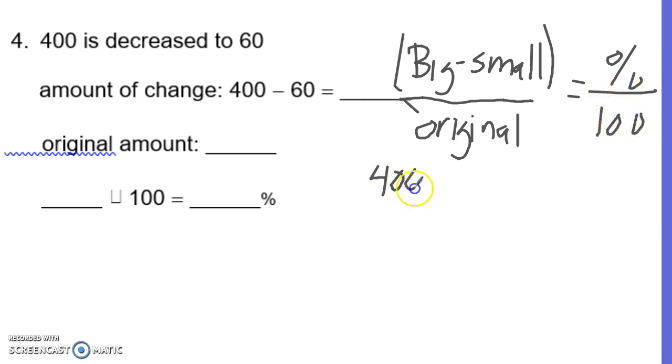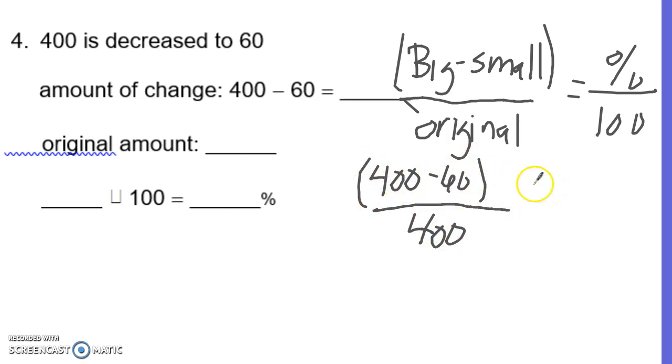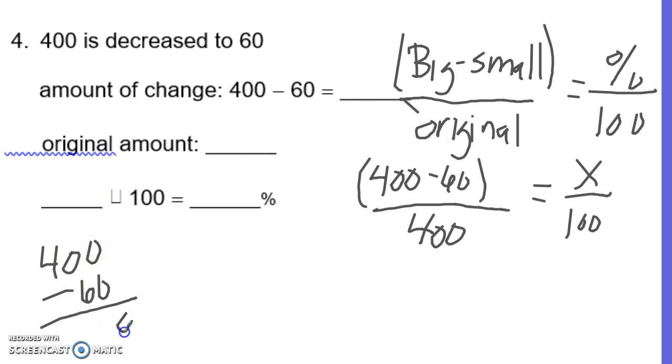So I'm going to say 400 minus 60 over 400 equals x over 100. So I'm going to subtract 400 minus 60. All right, I'm going to get 340 times 100. So that is 34 with 3 zeros.